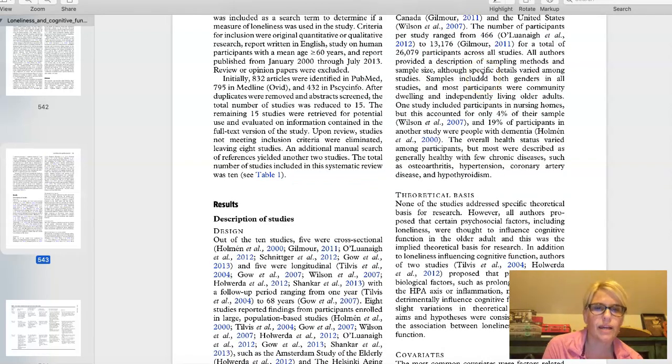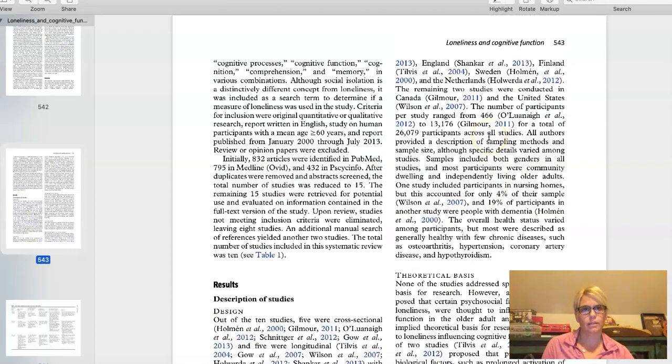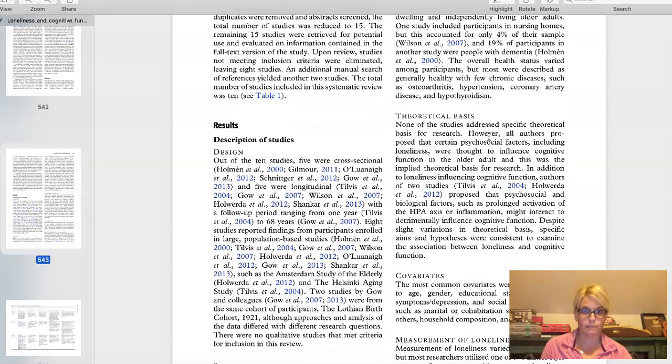All authors provided a description of the sampling. They included both genders. Most were community dwelling, independently living. The overall health status varied among participants, but most were described as healthy with a few chronic diseases. So that just gives you a vision that these are normal, healthy, elderly people living in the community.